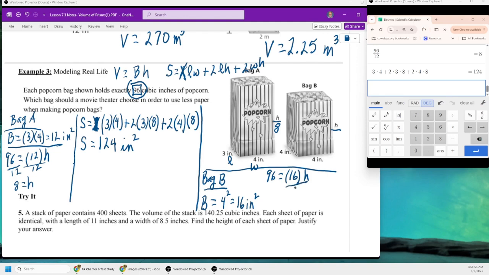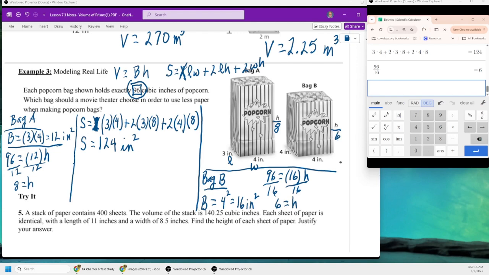So then we'll divide by 16. What is 96 divided by 16? That is 6. So the height for bag B is 6.